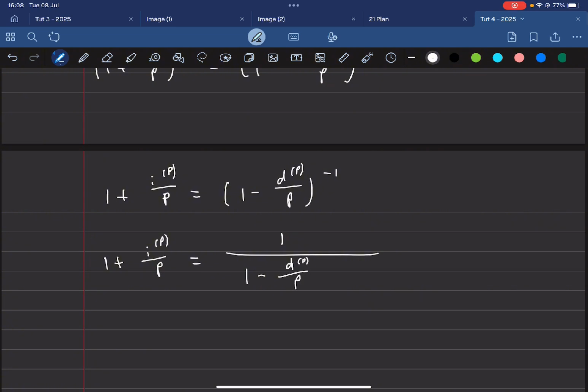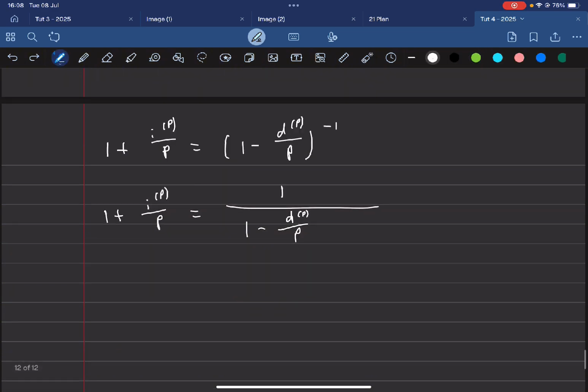Cool. Now I'm going to multiply both sides by this to get it to the other side. So basically we're going to get (1 plus i^(p) over p) multiplied by (1 minus d^(p) over p), and when you multiply, it's obviously going to cancel out on the bottom, so it just becomes 1, so equals 1.